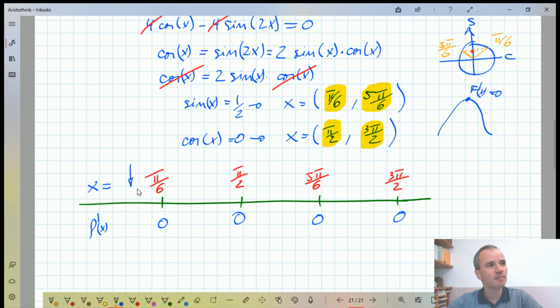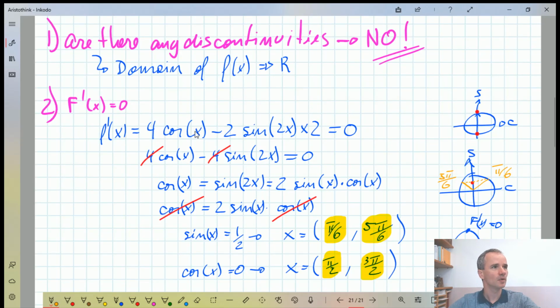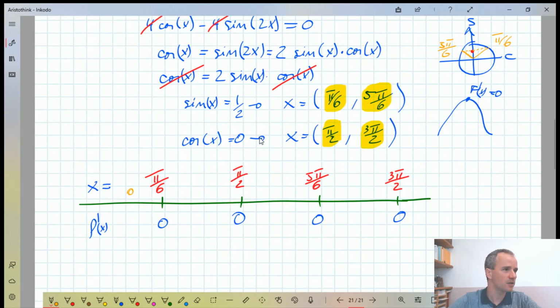Well, can I pick pi over 8? Pi over 12? Yes, we can. But why don't you just pick 0? 0 is less than pi over 6, and is more than enough. So I'm going to choose 0 for this one. If you substitute 0 in here, we are going to find a positive value.